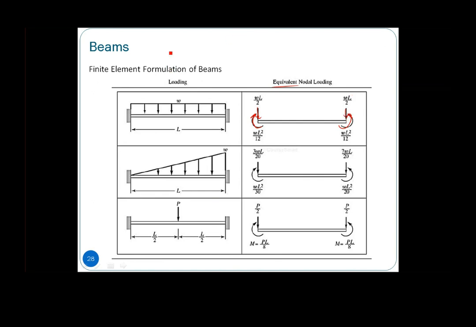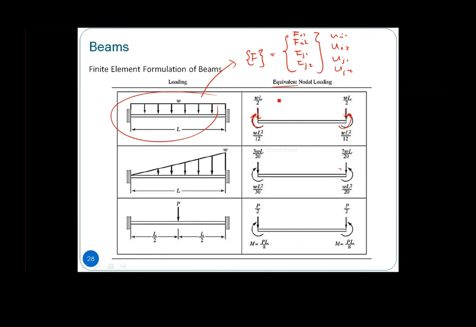If I want to write it in terms of our force or load matrix, in terms of UI1, UI2, UJ1, UJ2, meaning my load applied at UI1, UI2, UJ1, UJ2 will be FI1, FI2, FJ1, FJ2, right? So that basically tells us what it is.